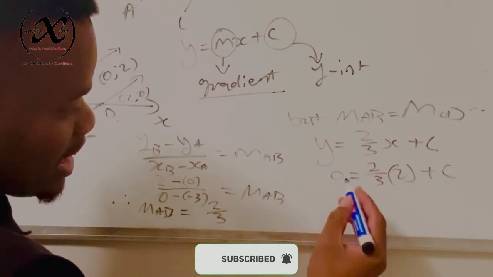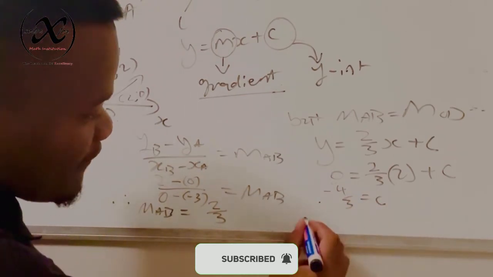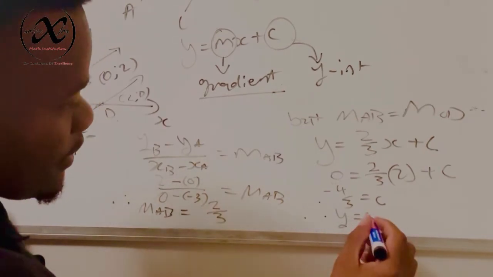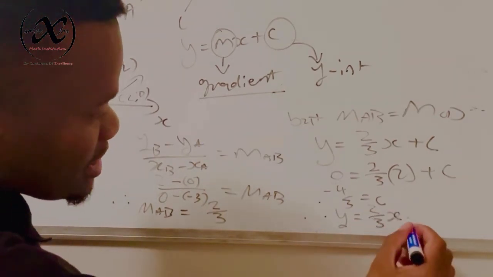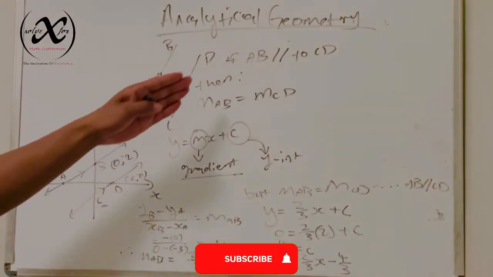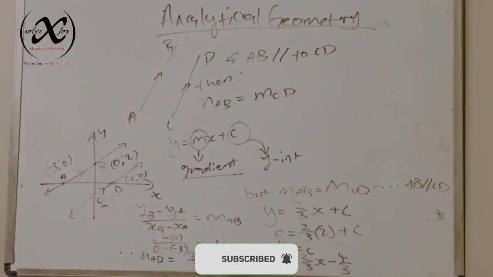You transpose it this side, it becomes negative 4 over 3 equals c. Therefore, the equation of this line is y equals 2 over 3 x minus 4 over 3. And that's how this rule helps you with your geometry.